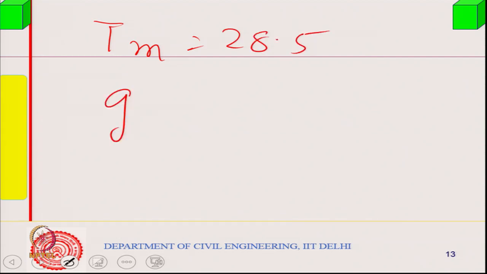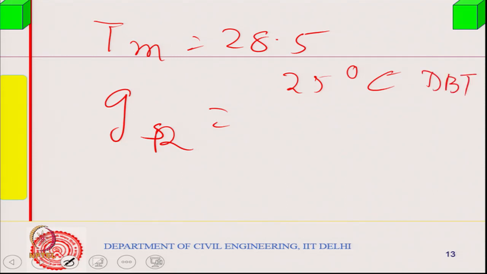G of the mixture I have to find out, but first G room, the moisture content of the room, which will correspond to a dry bulb temperature of 25 degrees centigrade.